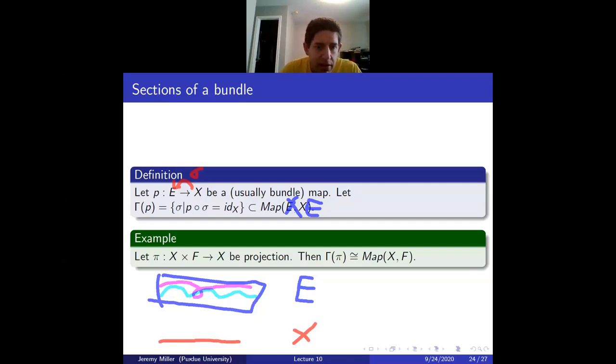The purple is not a section. Okay, and so if your bundle is trivial, then the section space is just a mapping space. But if your bundle is non-trivial, then what you should think of is that the space of sections is like the space of maps from X into the fiber, but the fiber gets to twist around your manifold.